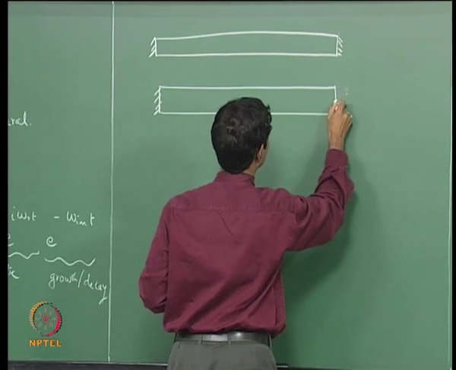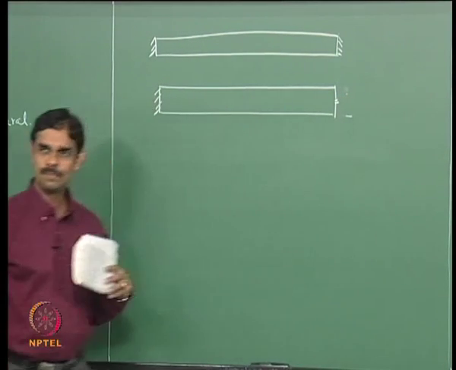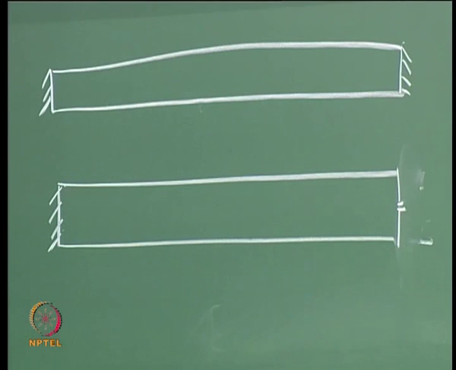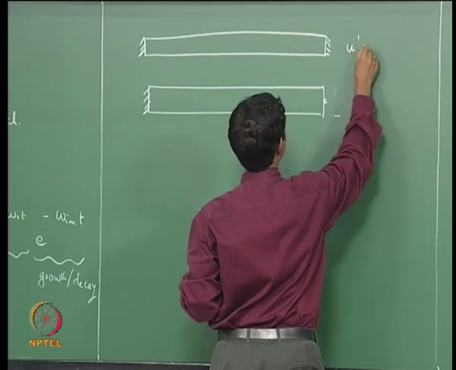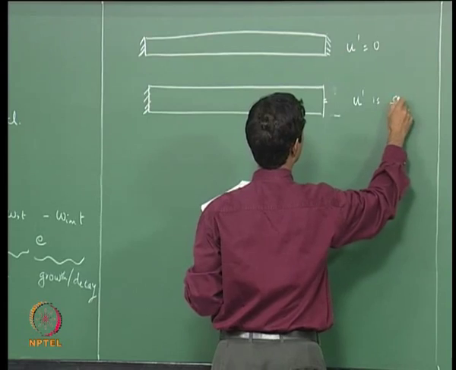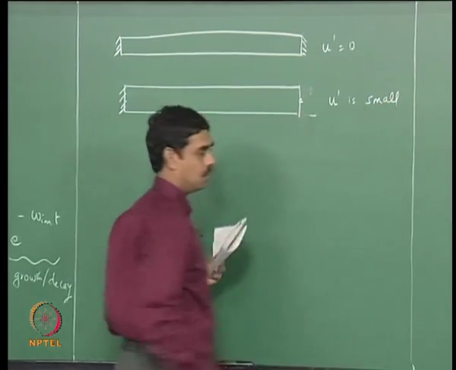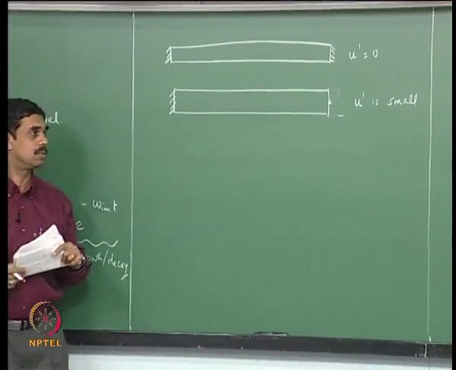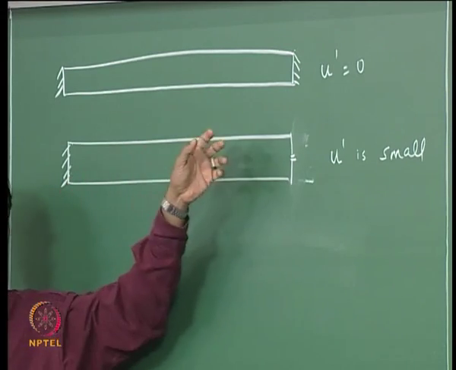So it is almost closed, but there is some small admittance. So here you have velocity exactly 0, u prime equals 0. Here I will have u prime small, so some amount of sound is quote unquote leaked out.